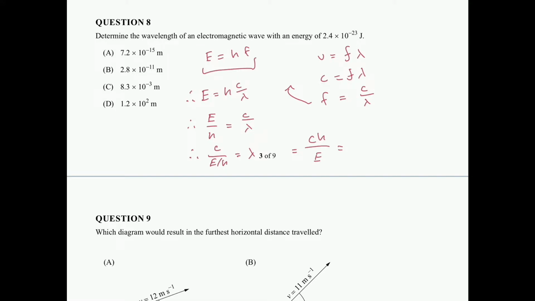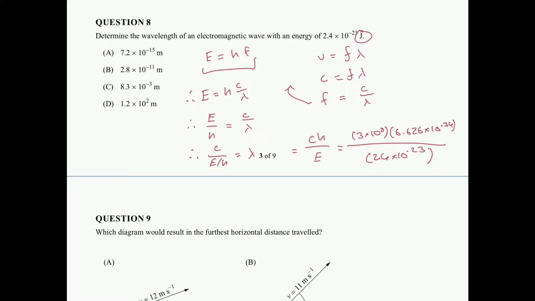And so if we substitute in, c is equal to 3 times 10 to the 8, multiplied by Planck's constant, 6.626 times 10 to the negative 34, all over 2.4 times 10 to the negative 23. I didn't flag it with this question, but again, always check your SI units. We're working with joules here.